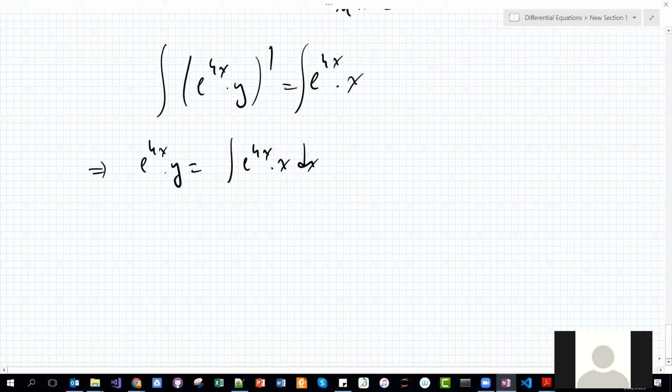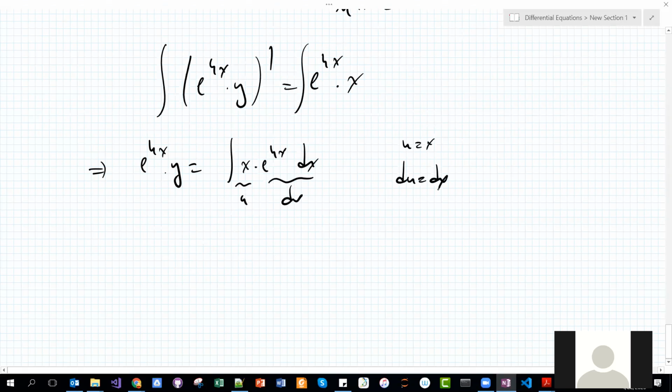The right-hand side integral should be handled by integration by parts. Let me write it this way so that you can see better: x times e to the 4x. This is my u, this is my dv. u equals x, du equals dx, and e to the 4x dx equals dv, and v is going to equal 1 over 4 e to the 4x.